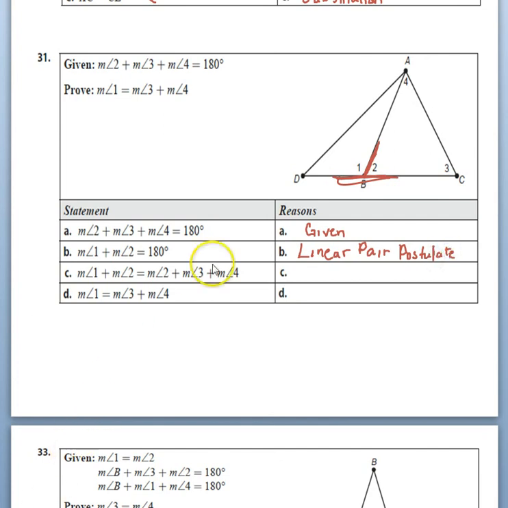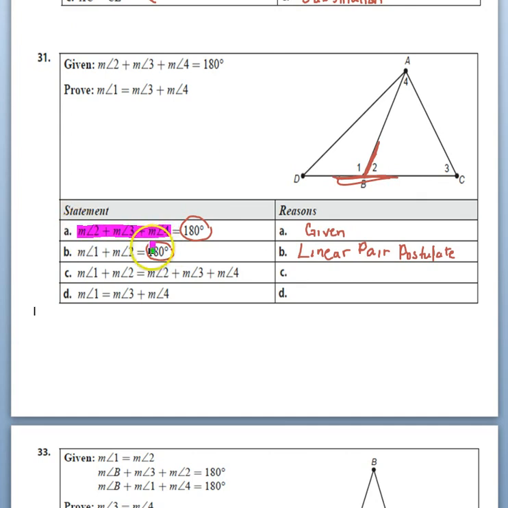Okay, so let's take a look at statement C. How do we arrive at statement C? Well, we're actually going to take a look at statement A and statement B at the same time. If you look at statement A, we know that angle 1 plus angle 2 plus angle 4 is equal to 180. In statement B, angle 1 plus angle 2 is equal to 180. So if you know that they're equal to the same thing, what could I do, for instance, with that?